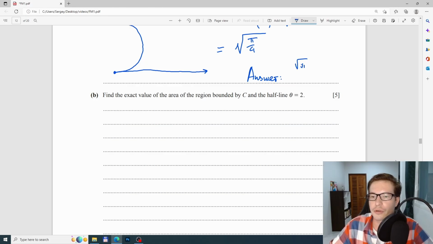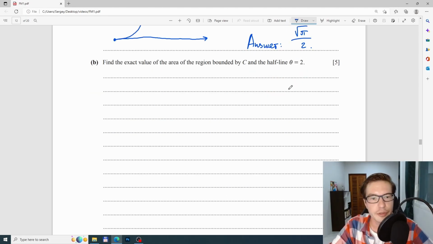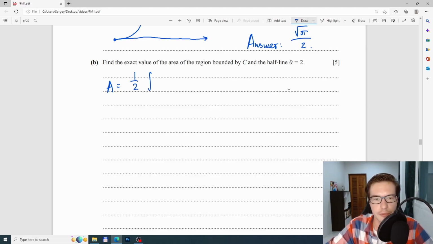root pi over 2. Okay, next question is about the area, and to find the area, we'll have to integrate. The area will be a half times the integral from 0 to 2 of r squared d theta.